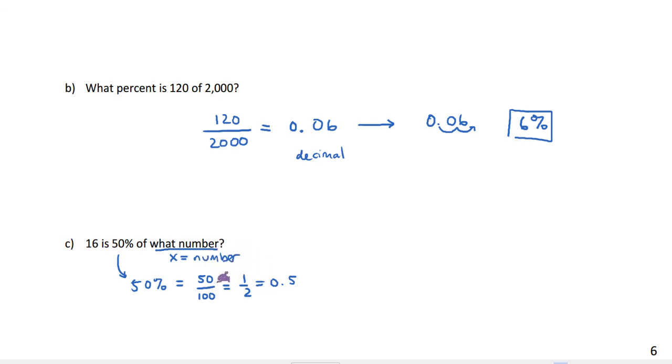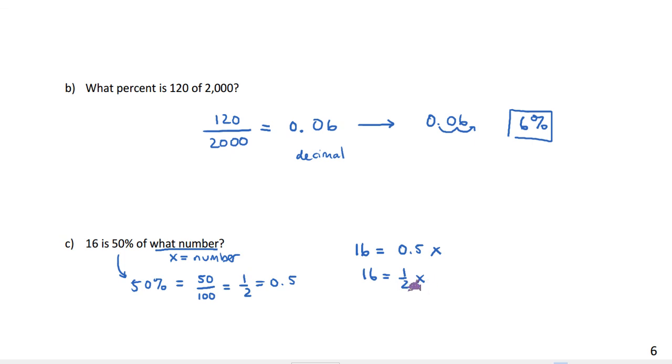If you're trying to figure out that 16 is 50% of some number, then we're essentially trying to solve this equation here. You could also write it as 16 is a half x.